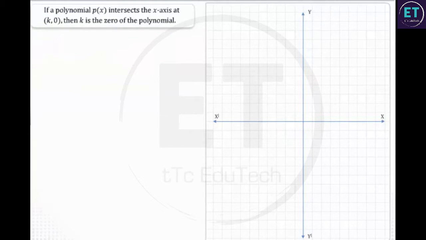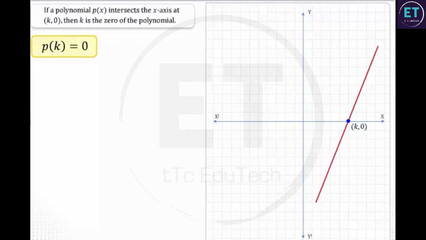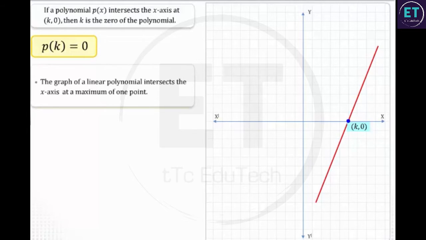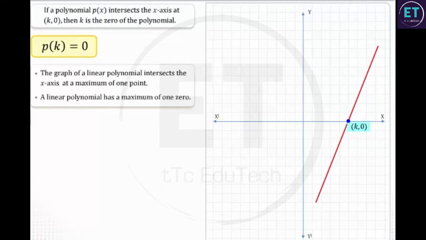In general, if the graph of a polynomial p of x intersects the x-axis at k, 0, then we can say that k is the zero of the polynomial. In other words, p of k is equal to 0. The graph of a linear polynomial intersects the x-axis at a maximum of 1 point. Therefore, a linear polynomial has a maximum of 1 zero.